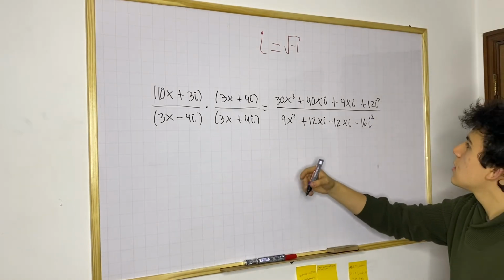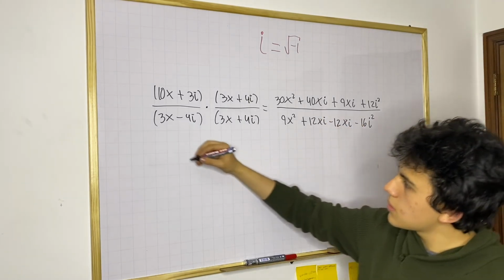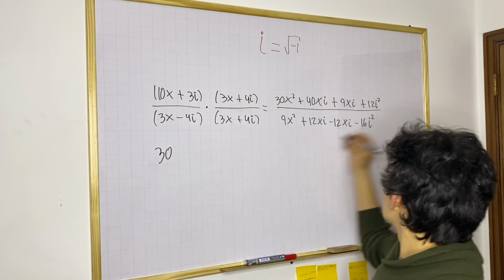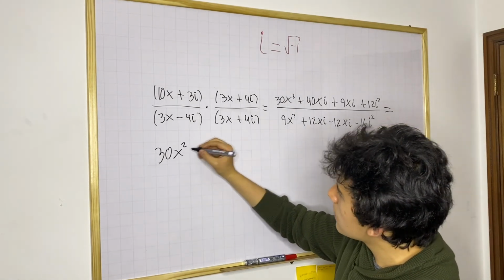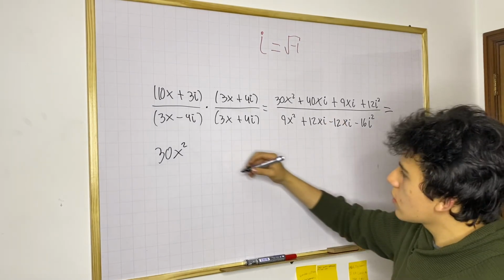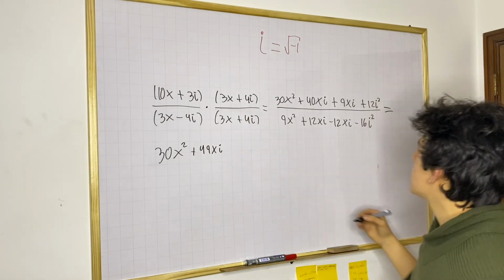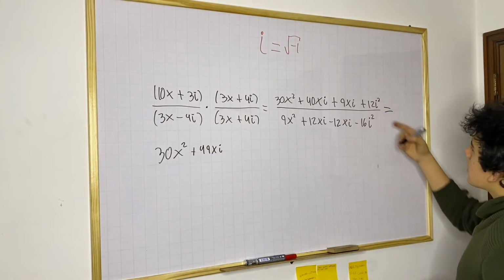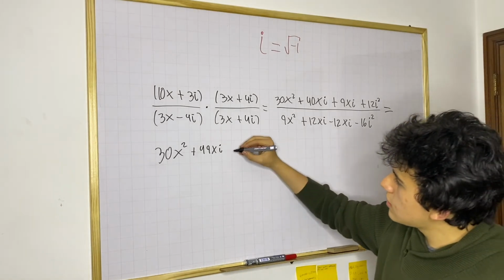On this side, can we do anything else? No. So this is equal to 30x squared plus 49x times i. And now we know i squared is minus 1, so we get minus 12 here.